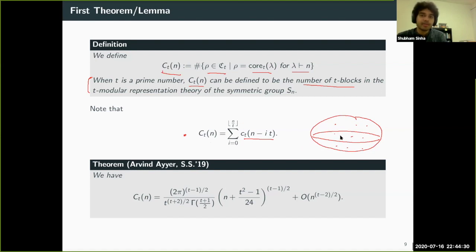But when you sum it up, the sum can be approximated by the volume of such an ellipsoid as n grows large enough. And that's precisely what helps us to find an asymptotic for this quantity, which is given to be of order n to the power (t-1)/2. I will describe the constant later. But this result is super useful for what's about to come, which will be the main theorem for us.